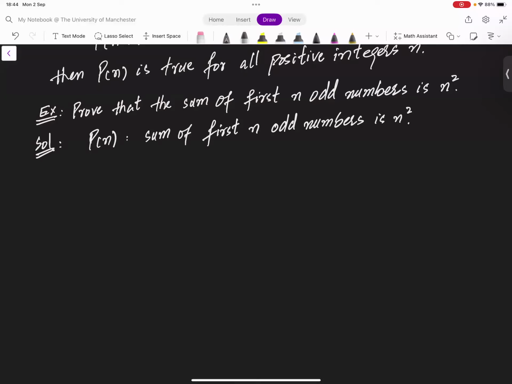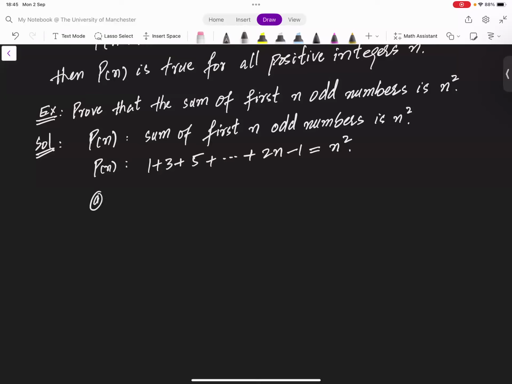Okay. Now we need to show, or we can also write this in the number symbols. This is what we need to prove in these number symbols.